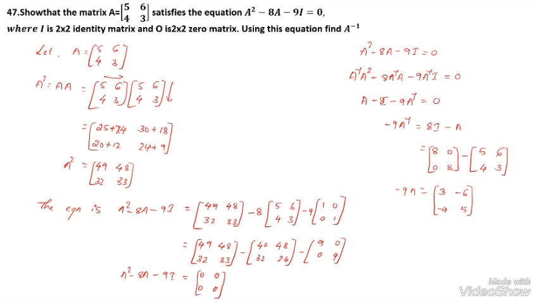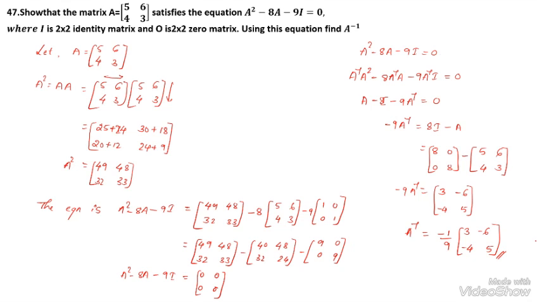Minus 9 A inverse. We want A inverse. Therefore, A inverse is minus 1 by 9 into [[3, minus 6], [minus 4, 5]]. This is the solution of the given problem.